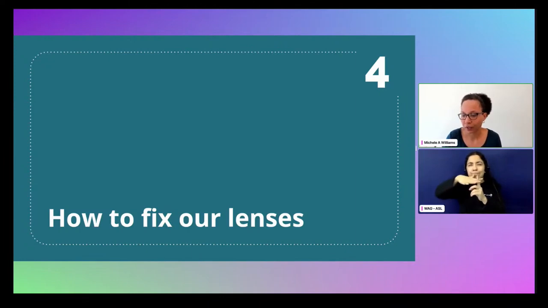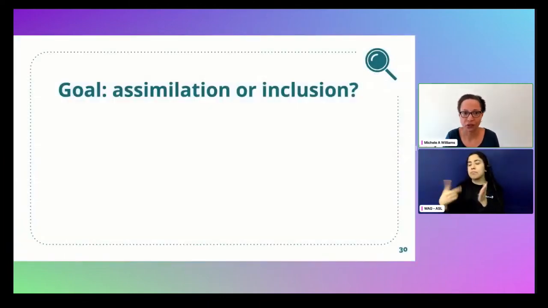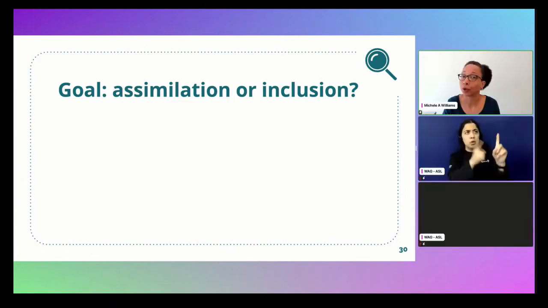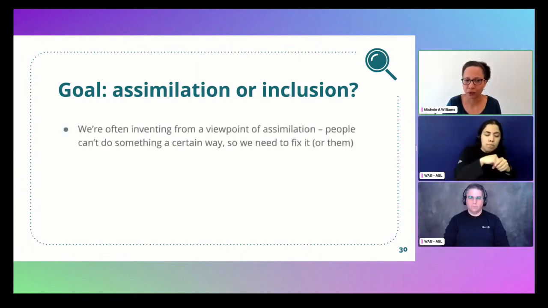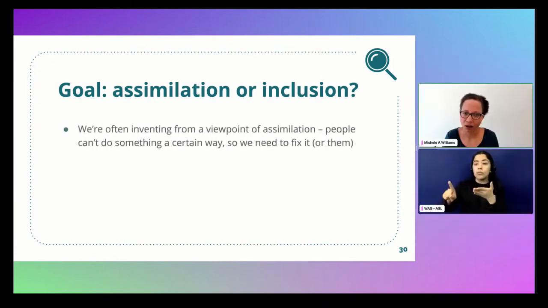So for instance, one question to ask ourselves, when we're talking about a research activity or a product goal, is: is the goal assimilation or inclusion? Here's what I mean by that. Oftentimes when you see research that intentionally includes disabled people, it's from a viewpoint of inventing for assimilation, as in someone can't do something a certain way, so we need to fix it or them.